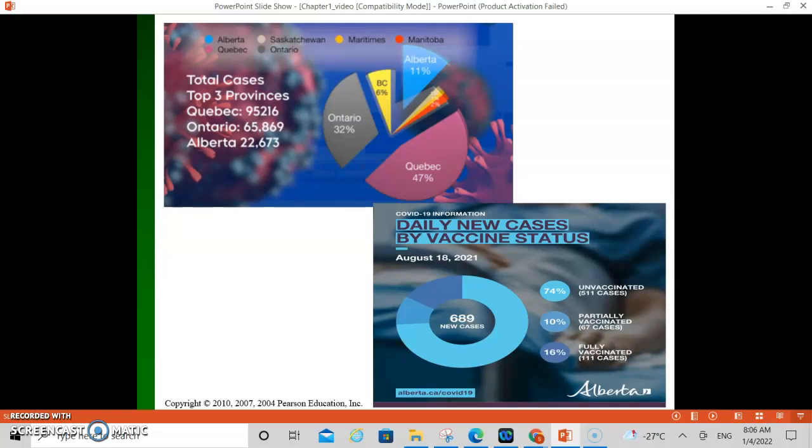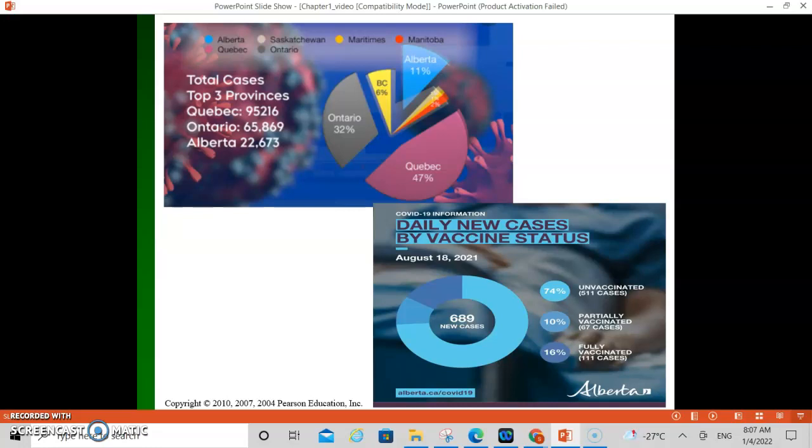Some of the main provinces denote all the active COVID cases. Depending on the numbers, you can see who was affected more and less. Then compared to last year and this year, you can see the difference or the vaccine rate.